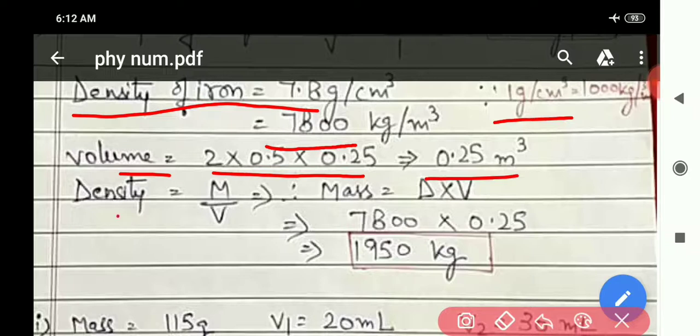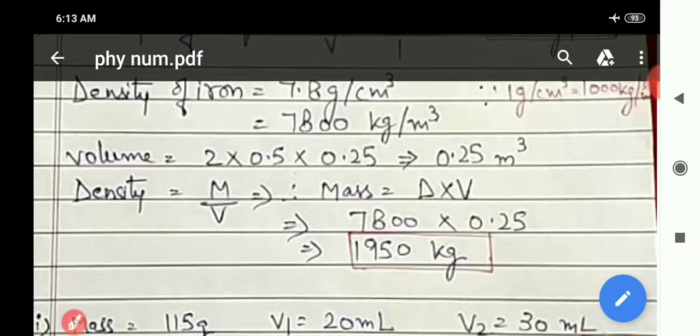We know the density, we know the volume, we can calculate the mass. So density and volume multiplied and we get 7800 into 0.25, and the final answer is 1950 kg. So this is answer for question number 11.